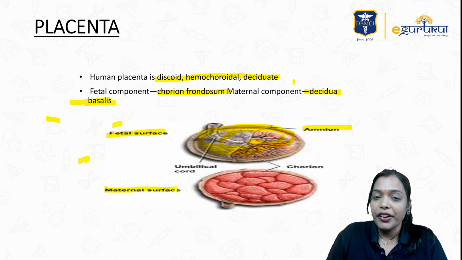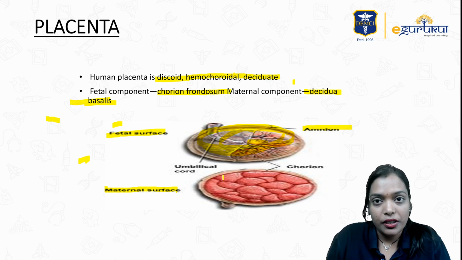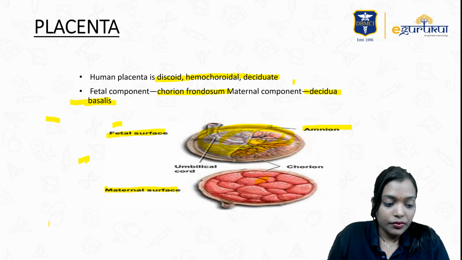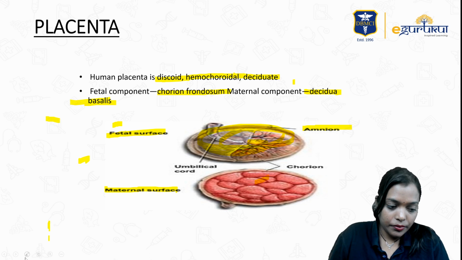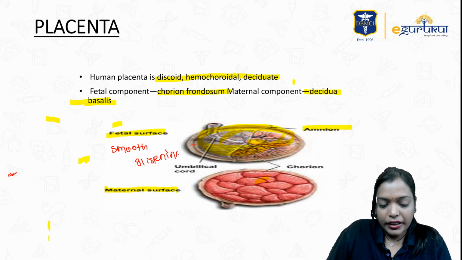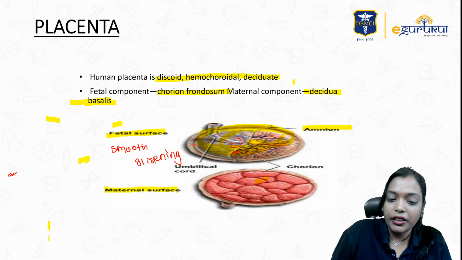Whereas the maternal surface is rough and shaggy, divided into multiple lobes, and each lobe is called a cotyledon. So the fetal surface is smooth and glistening because it is covered by amnion, and in the center you have the umbilical cord.